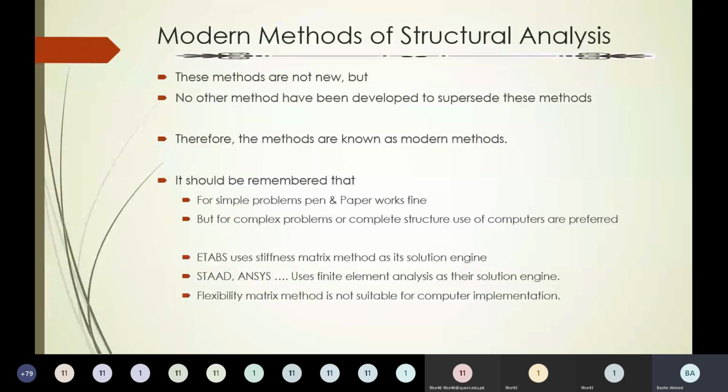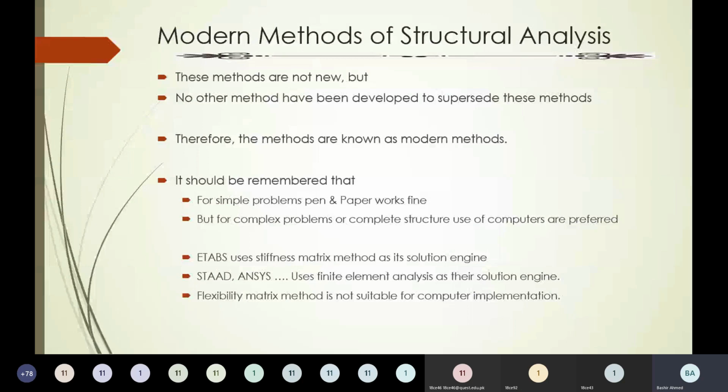So we have to check such things in E-TABS results. Has E-TABS reported zero steel in any member or at any point in the member? If so, we supersede the solution and provide minimum steel there.